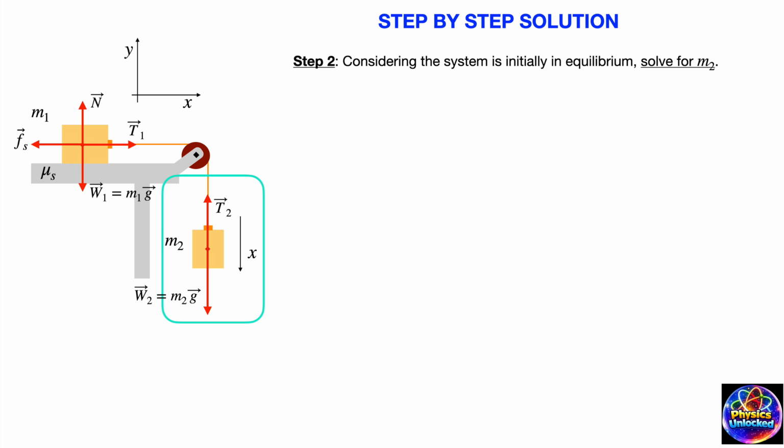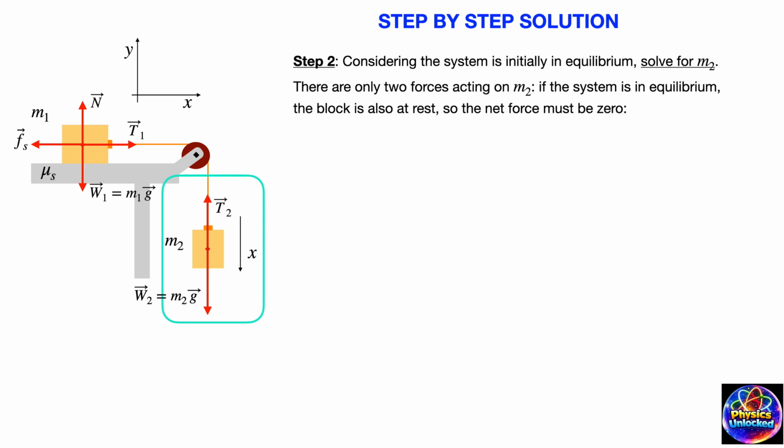Considering the system initially in equilibrium, we solve for m2. There are only two forces acting on m2, as we have already seen. The system is in equilibrium, the block is at rest, so the net force must be 0.